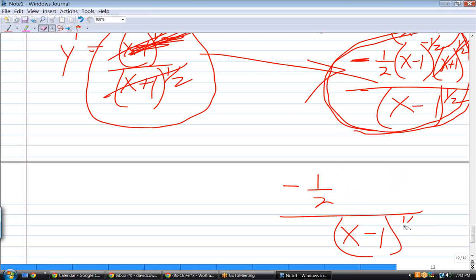And now I got that. And like I said, it simplifies rather nicely. I now have minus 1 over 2 times x minus 1. And there's your derivative.